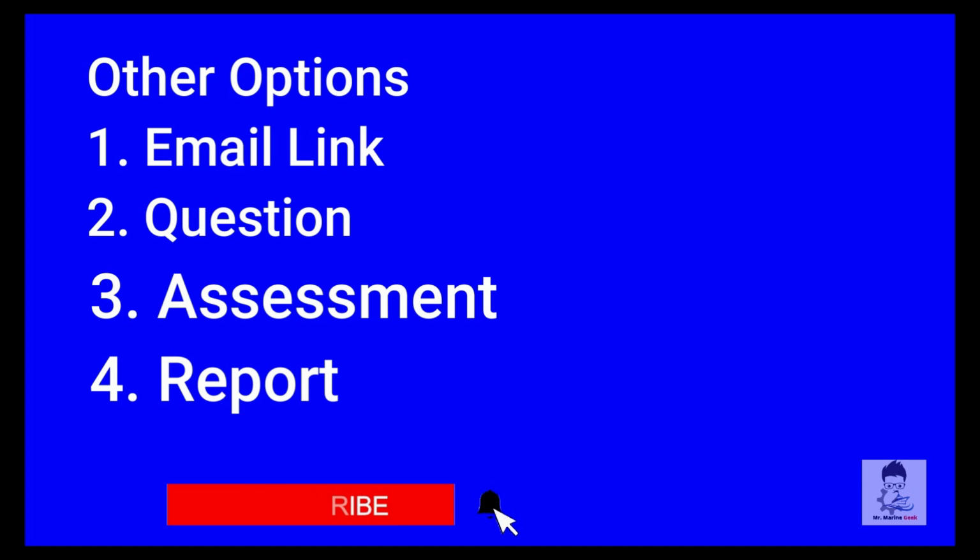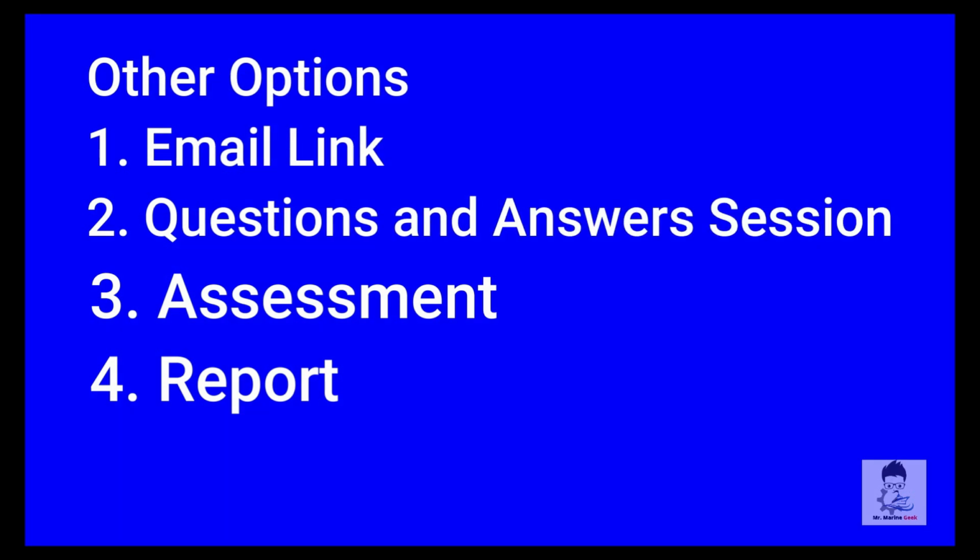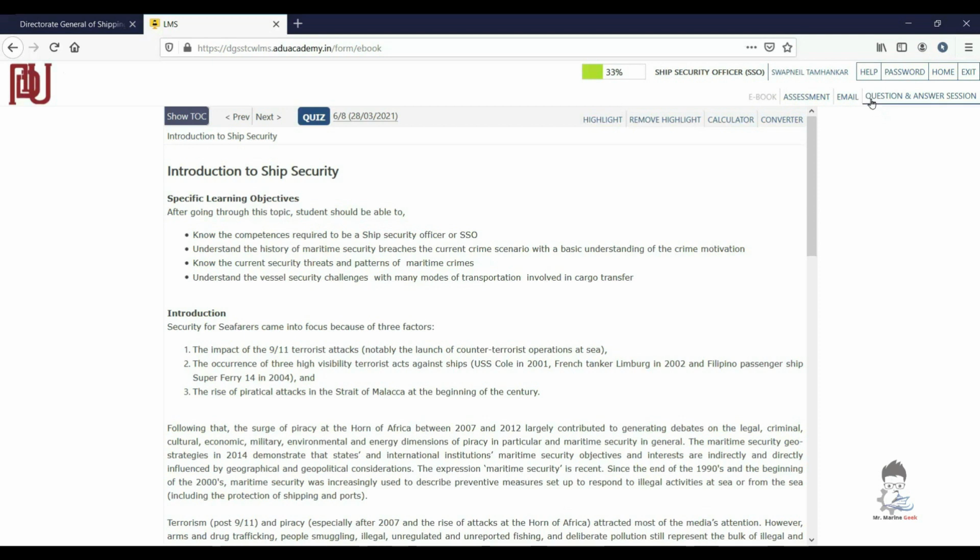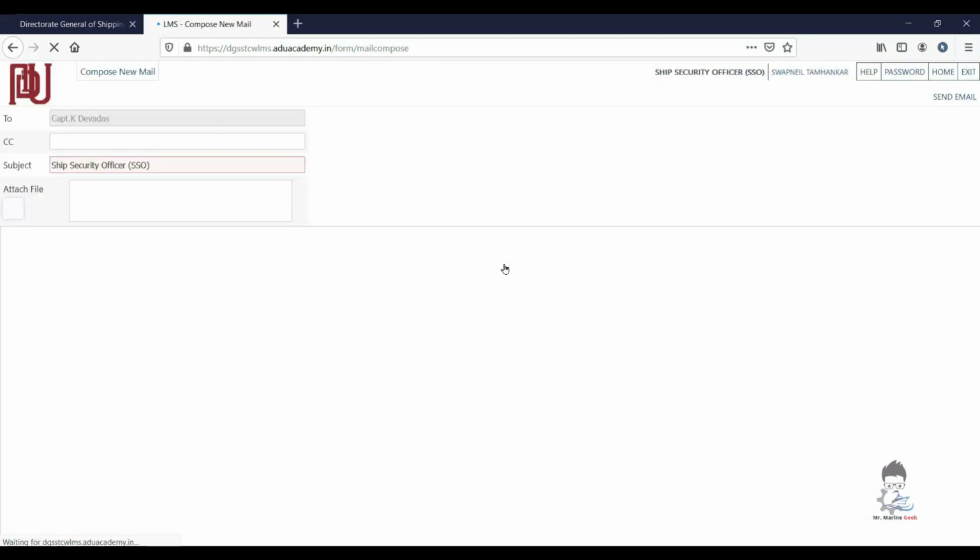The other option links given are the email, question and answer session, assessment, and report. So these options you will be finding on the top right. And email is with respect to the course in charge, the one who made this particular course.